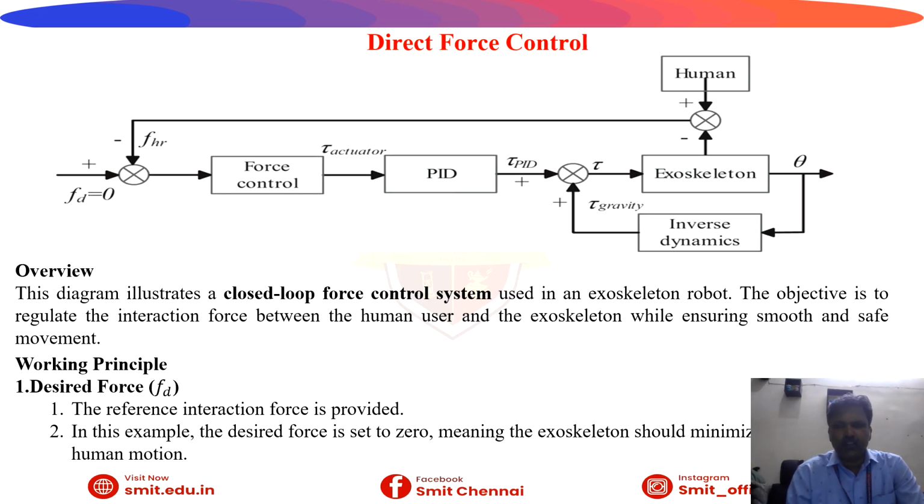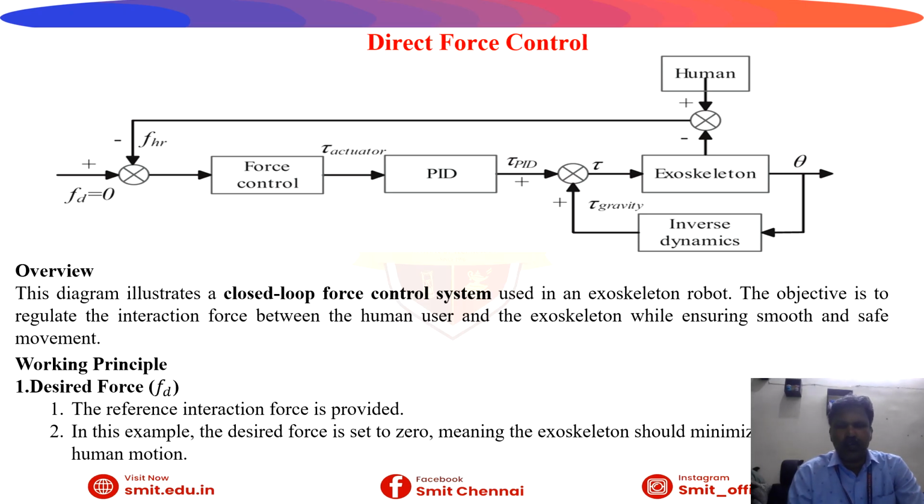Now, in direct force control, we can see one block diagram. The input is there, then force control, PID, then exoskeleton, inverse dynamics, and at the top the human control is also there. This diagram illustrates a closed loop force control system.